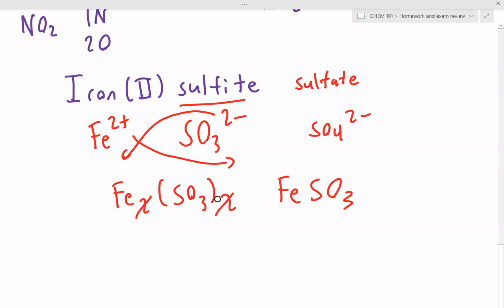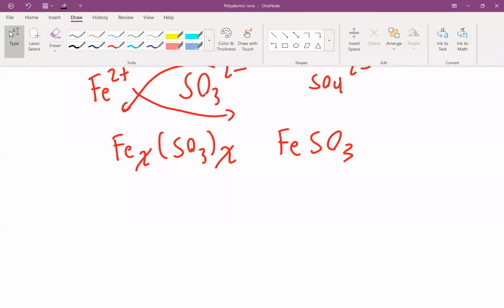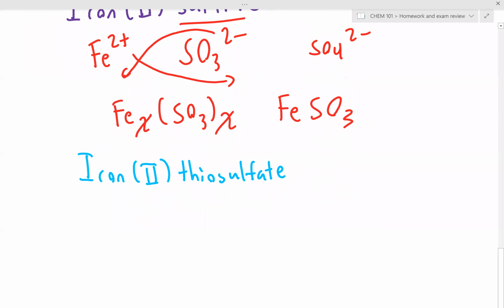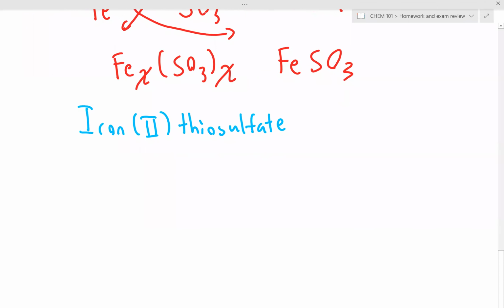So we were asked to discuss iron 2 thiosulfate. Now, whenever you have the thio prefix, that implies that we have replaced an oxygen atom with a sulfur.